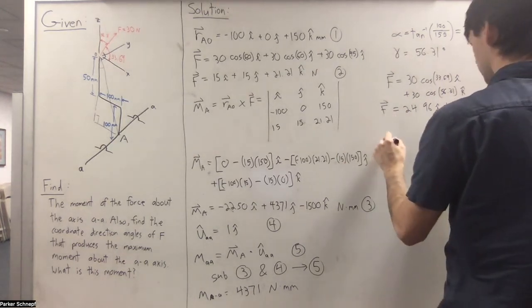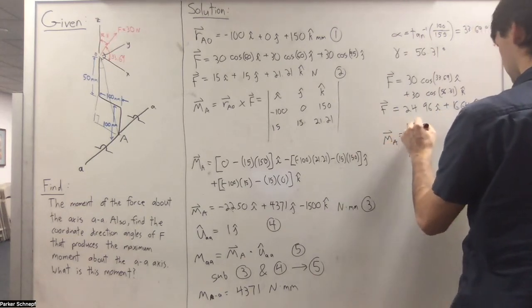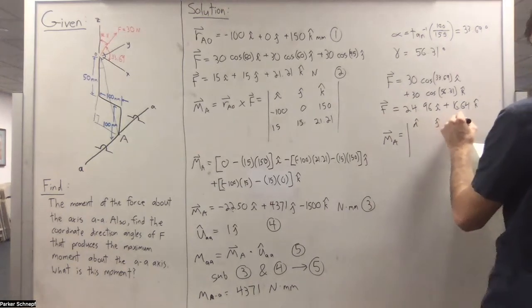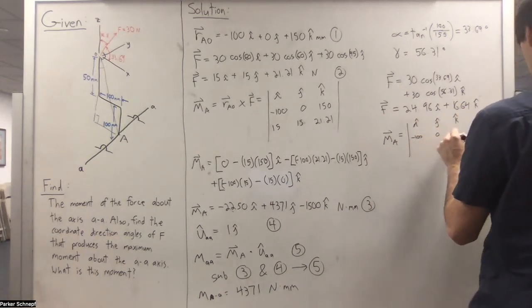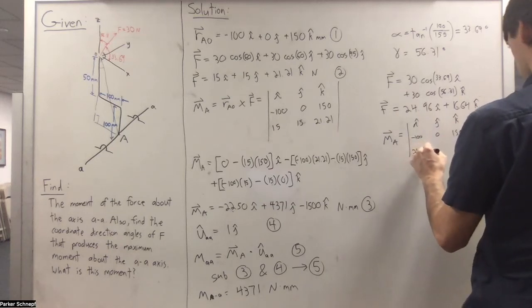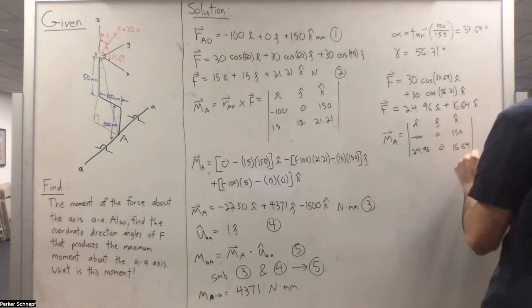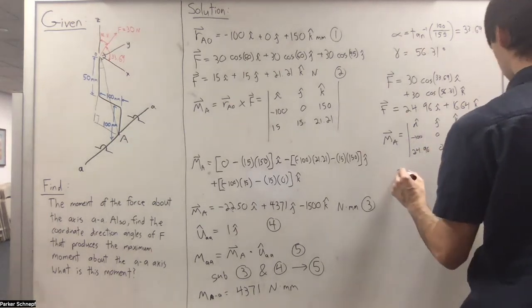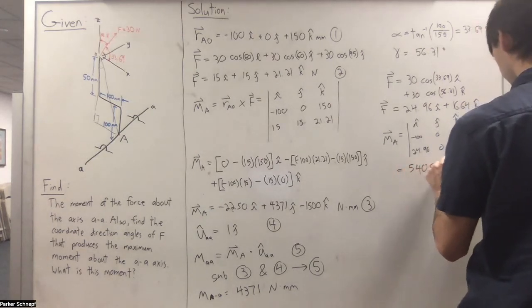So we get the moment of A is equal to the little cross product box, and that gets us 5,408 in the j.